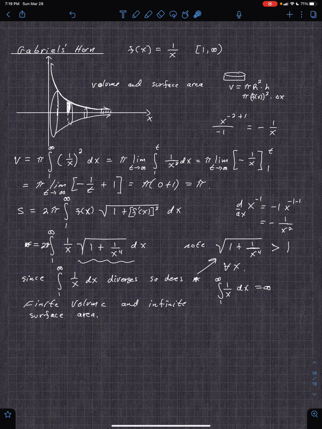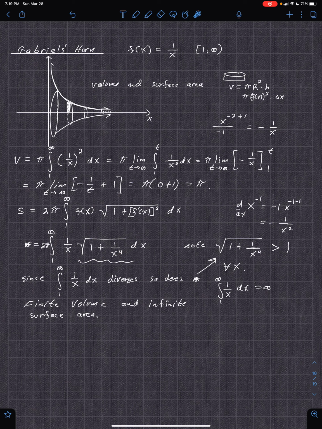Then if you look at the surface area of this thing, you're looking at this piece, and you're approaching infinity. Then you're revolving that piece. You can look this up again, but you get 1 in the derivative. I worked that all out here and evaluate.